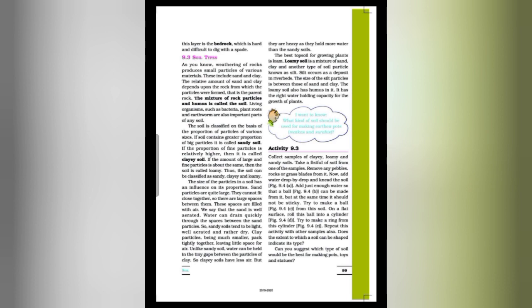It is mostly dark brown in color, and loamy soil is the best for growing crops because it has the right water holding capacity that is necessary for the growth of the plant due to the presence of clay, and it has adequate air spaces between the particles, so it can hold the sufficient air needed by the roots of the plants due to the presence of sand in it.